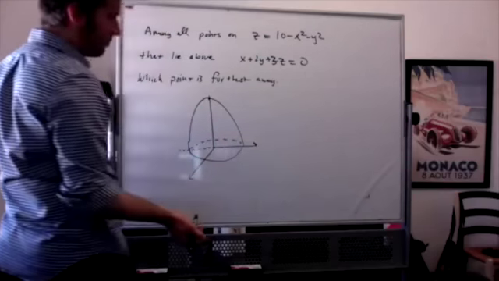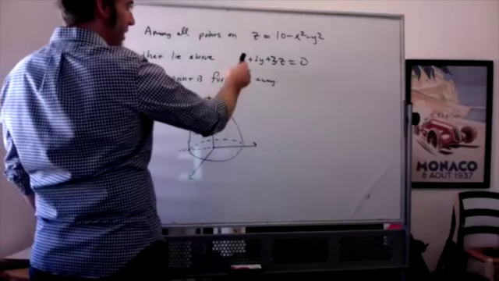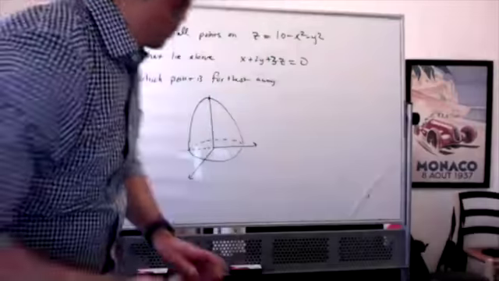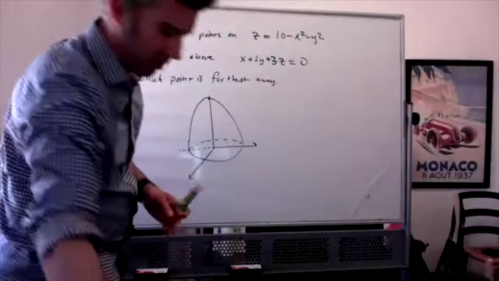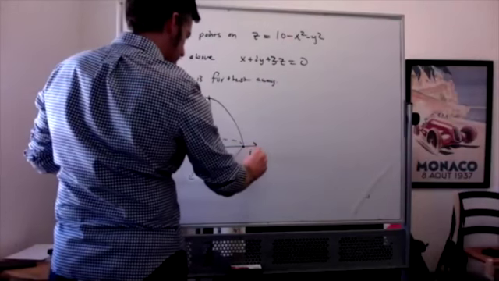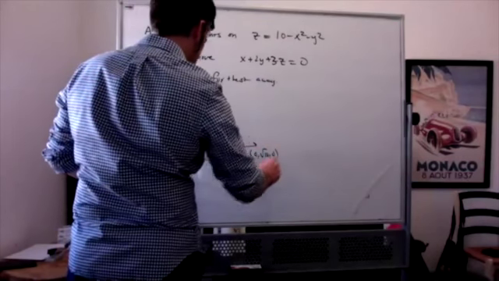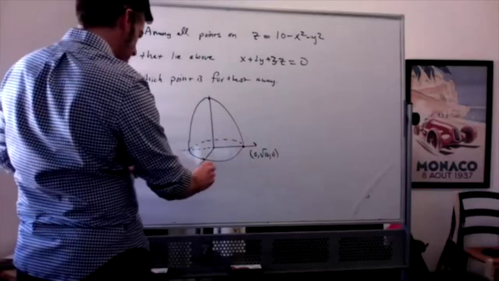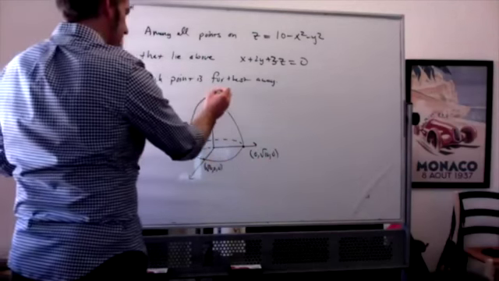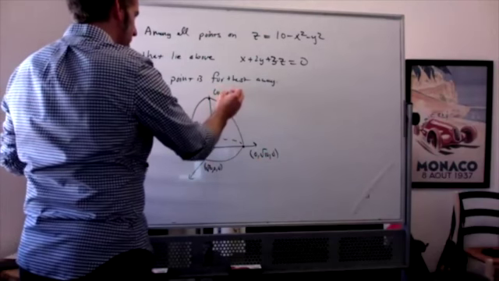All right, looks like that. Oh, I should point out, this point right here is (root 10, 0, 0), and same deal here, (0, root 10, 0). And (0, 0, 10).